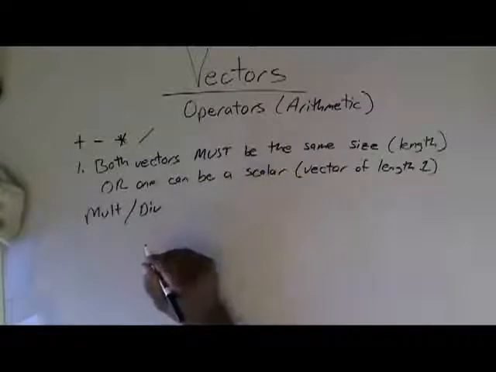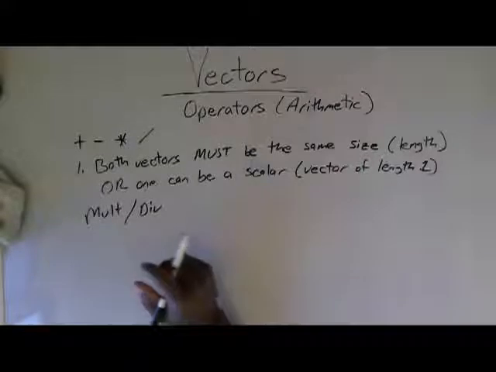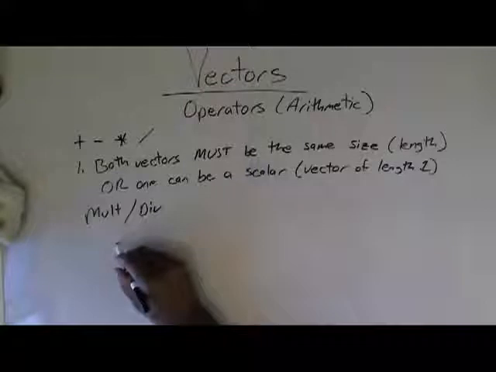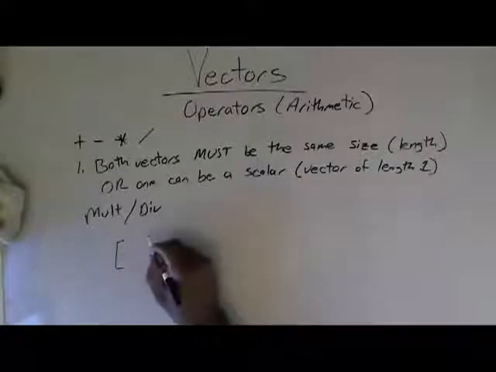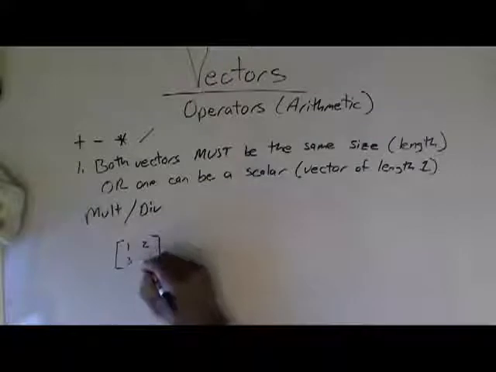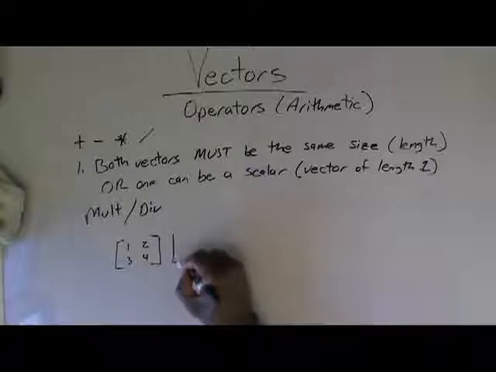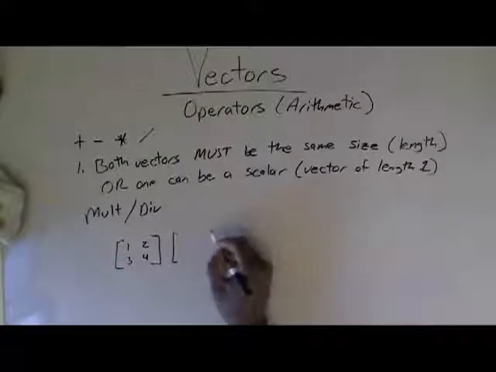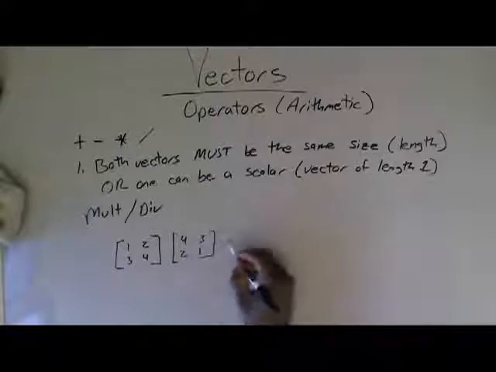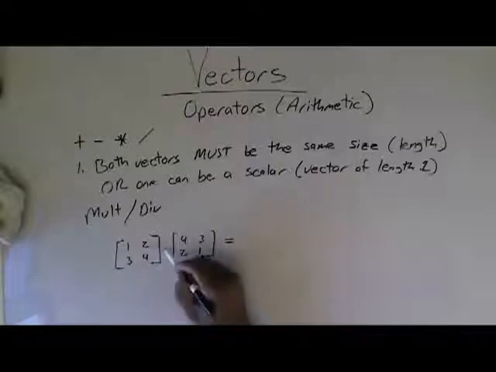Okay, now there's a caveat here, and the caveat is, if you remember back in your math history, if you take a matrix or an array, depending on what you call it, and you multiply it by another matrix, that is not doing element by element multiplication.